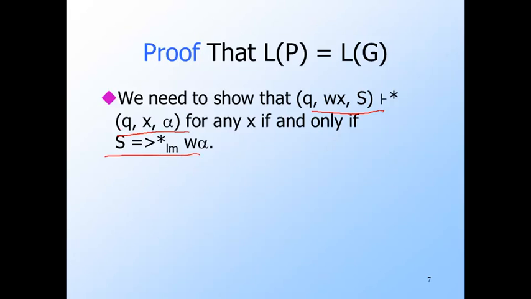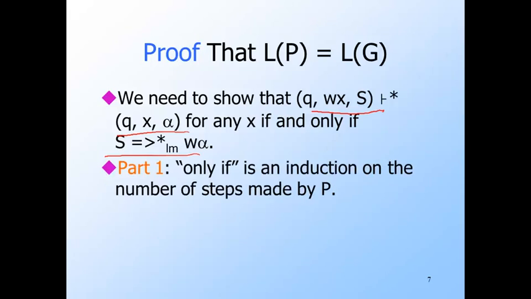Incidentally, notice that as we describe the moves of P, we allow any string X to follow W on the input. Since no part of X was consumed, X cannot have any effect on the moves P made reaching the ID shown. So if the statement is true for one X, it is true for any other. That is, X does not matter.